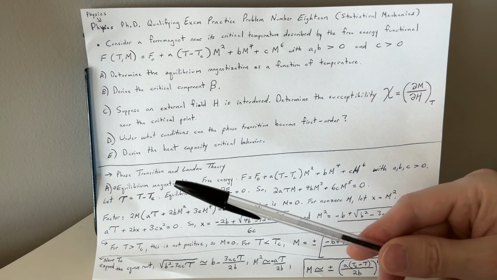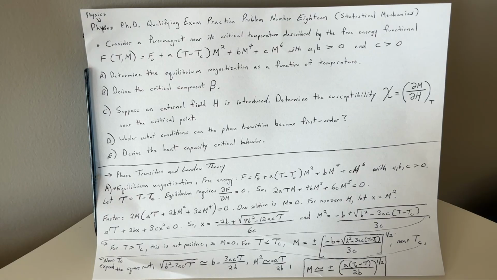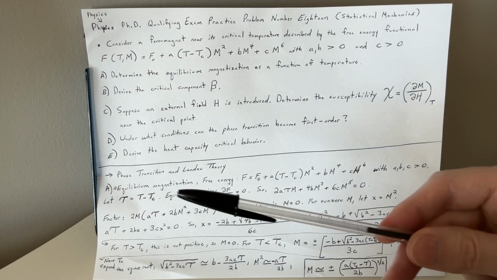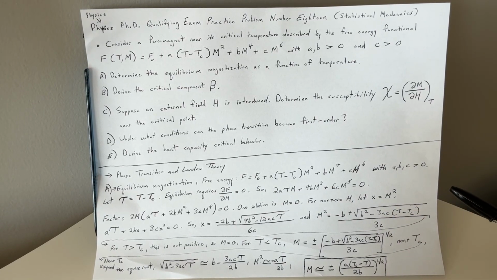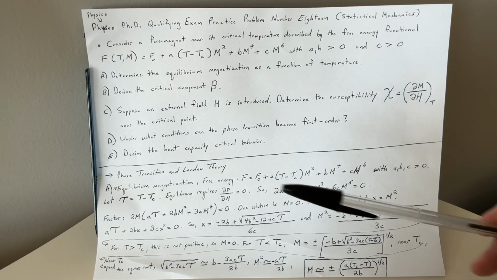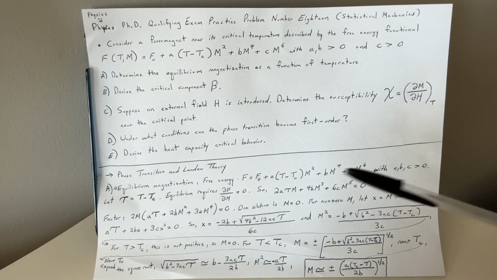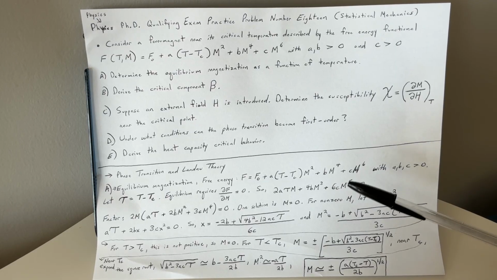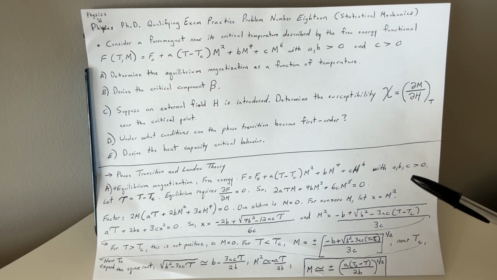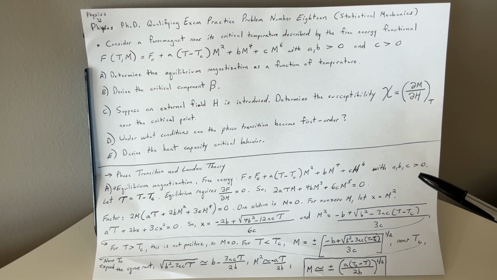Okay, so let's do part A. This is a phase transition and Landau theory problem. For part A, equilibrium magnetization, our free energy F equals F naught plus A times the quantity T minus T sub C, M squared plus B M to the fourth plus C M to the sixth, with A, B, C greater than 0.